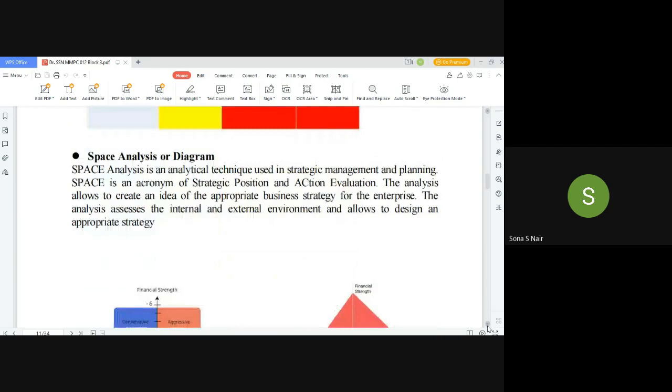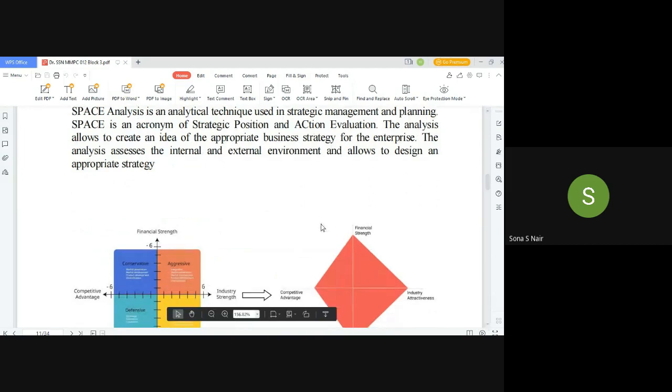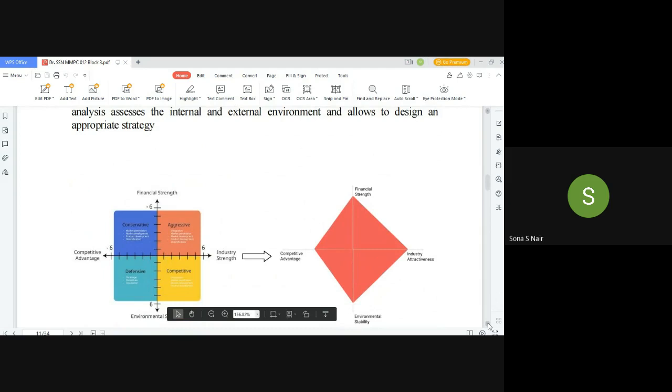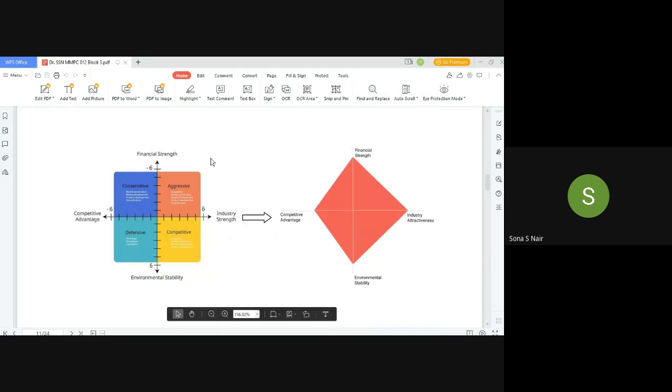A similar portfolio analysis tool is the SPACE analysis or diagram. It is basically an acronym for strategic position and action evaluation, and it is a combination of 4 factors here: financial strength, industry strength, environmental stability, and competitive advantage.